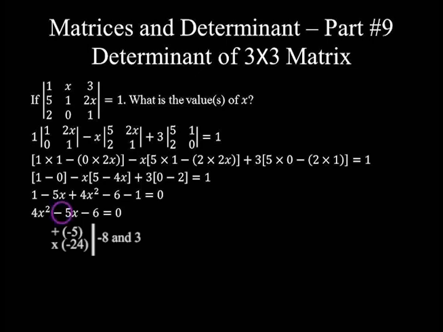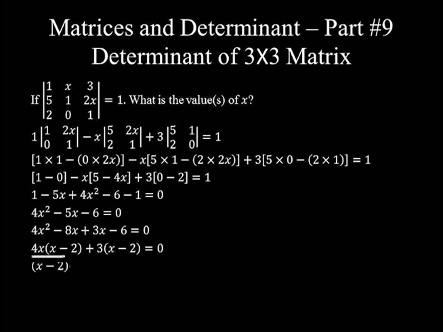Next, we have to write this negative 5 as the sum of these two numbers. That's negative 8x plus 3x. So the equation becomes 4x squared minus 8x plus 3x minus 6 equal to 0. 4x is common to 4x squared and negative 8x. 4x squared divided by 4x gives us x, negative 8x divided by 4x gives us negative 2. 3 is a common factor for 3x and negative 6. 3x divided by 3 gives us x, negative 6 divided by 3 gives us negative 2. x minus 2 is a common factor for these two expressions.